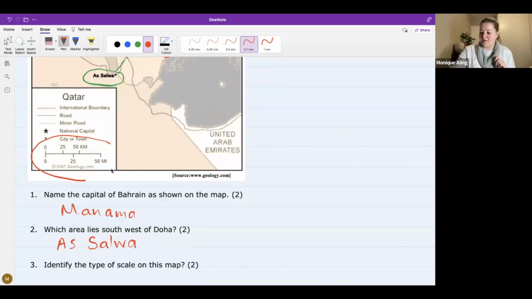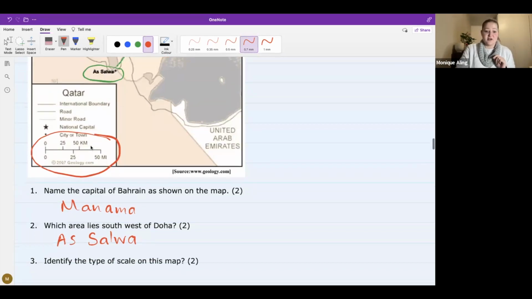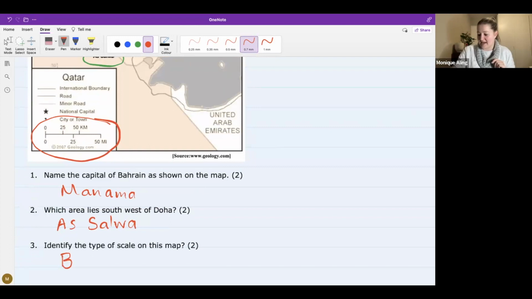Okay, a scale over here definitely does not look like a ratio or number scale. So it is 100% a bar scale. Okay, nice. Well done.